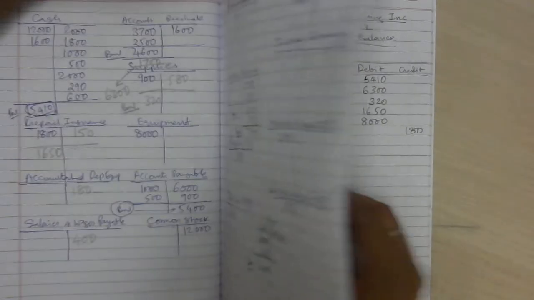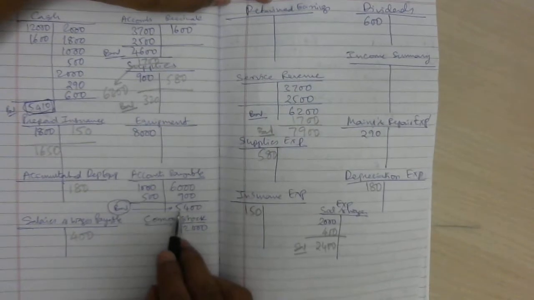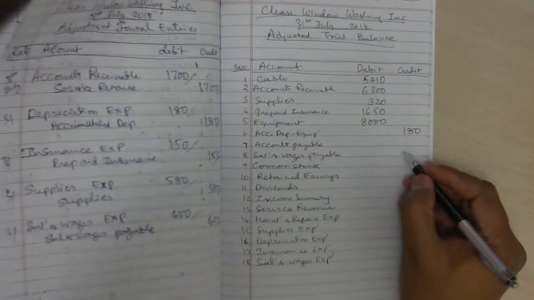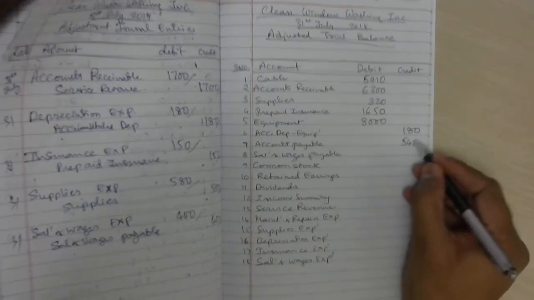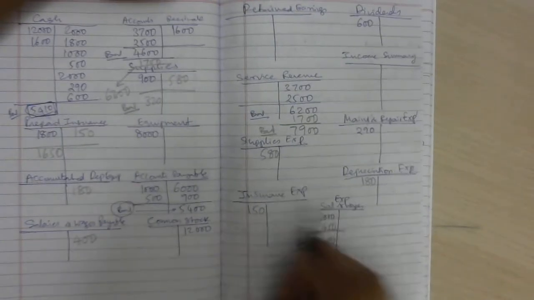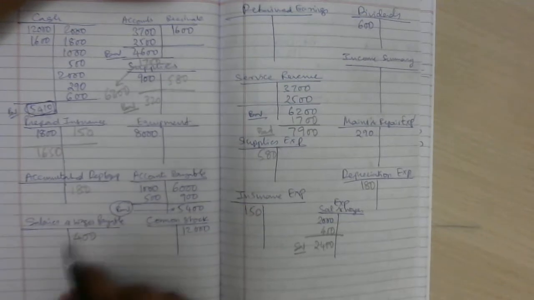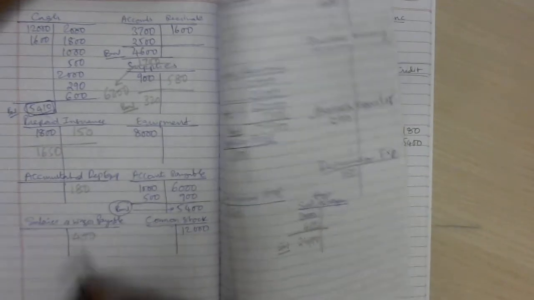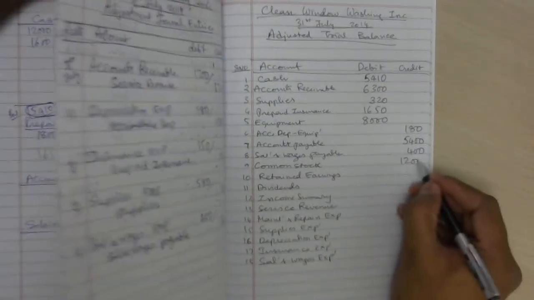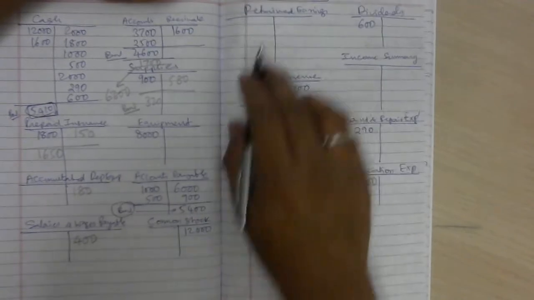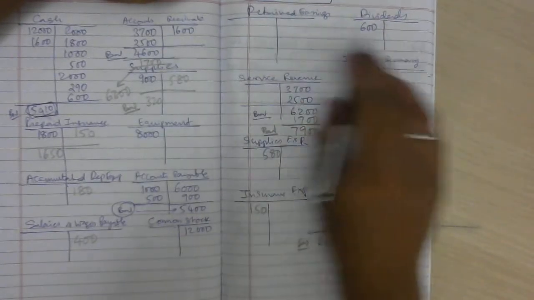Now accounts payable remains the same, 5400. Salaries and wages payable has changed, with a credit balance of 400. Next, common stock remains the same, 12,000 credit balance. Retained earnings, no change.